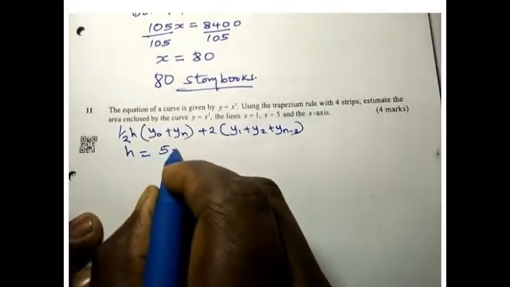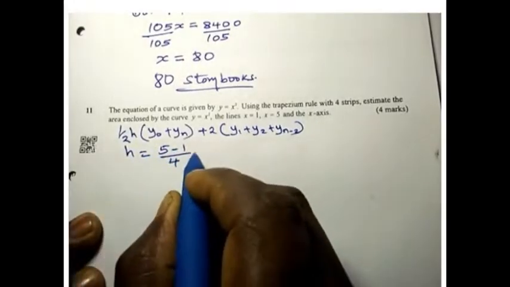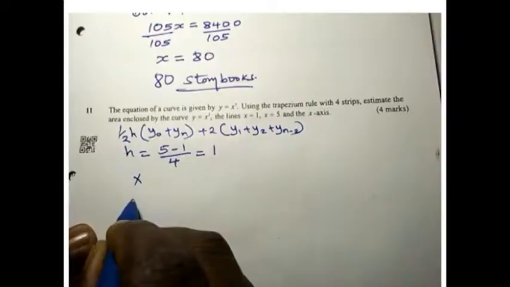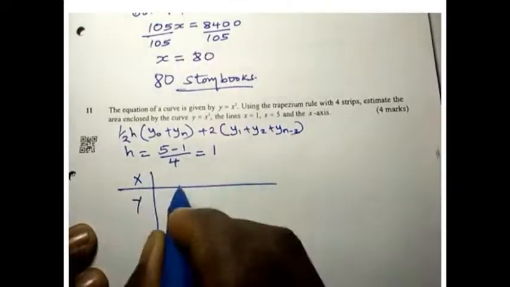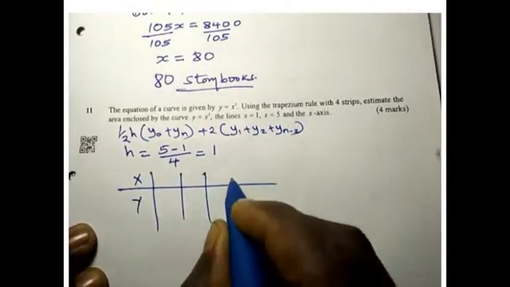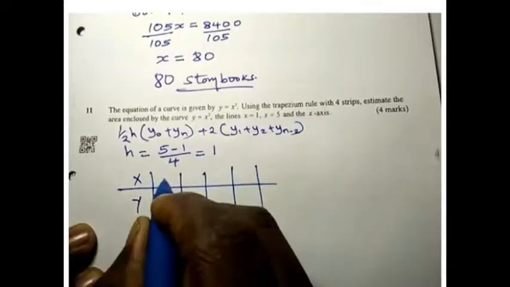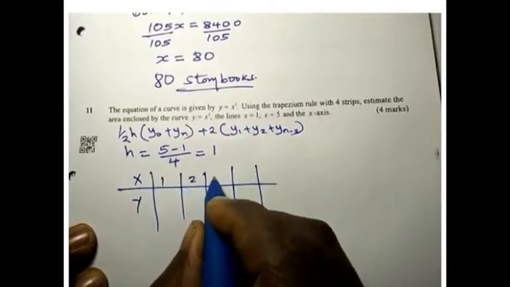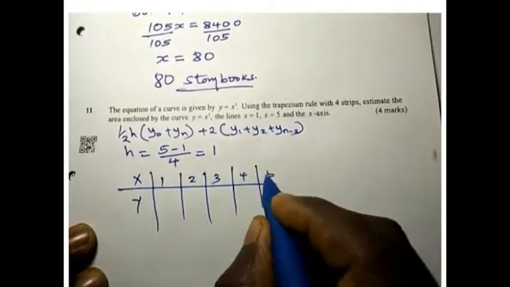So we need to get the height. The height is given by 5 minus 1 divided by the number of strips, and that is going to give us 1. So then we now take x and y and form a table of the values that we have. So we have x as 1, 2, 3, 4, up to 5.